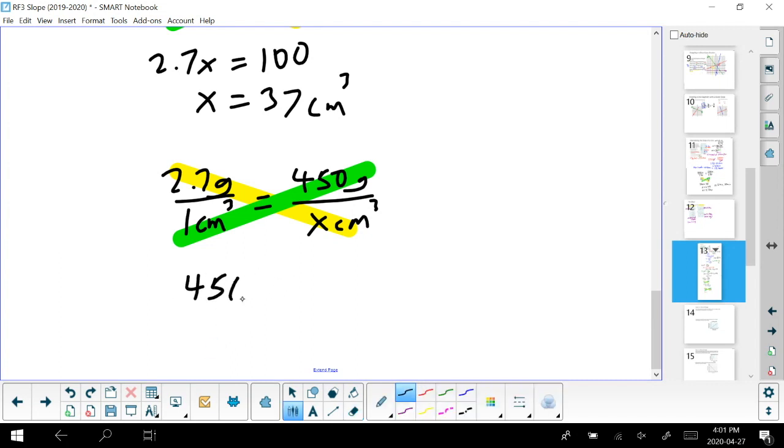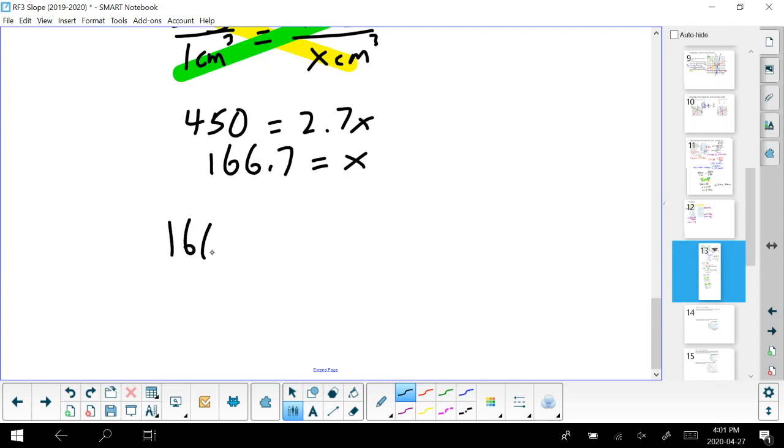So 450 is equal to 2.7x, and 450 over 2.7 gives me about 166.7 cubic centimeters as my x. So 166.7 cubic centimeters is equal to 450 grams of aluminum. And that's what our solution there represents.